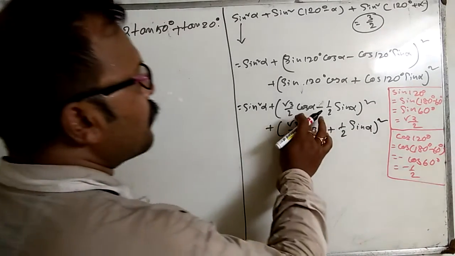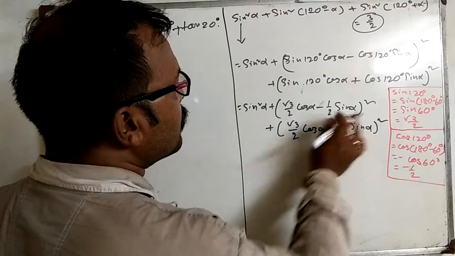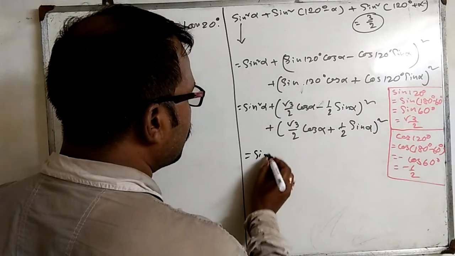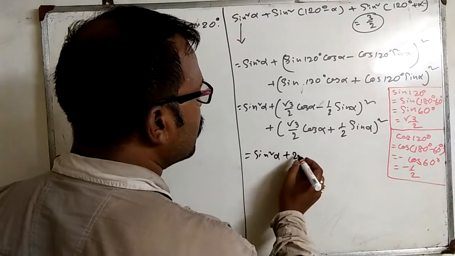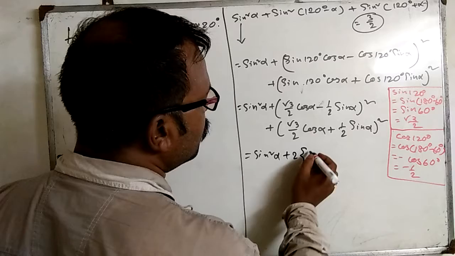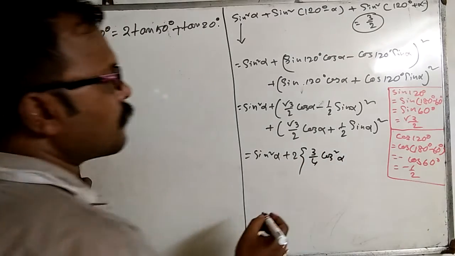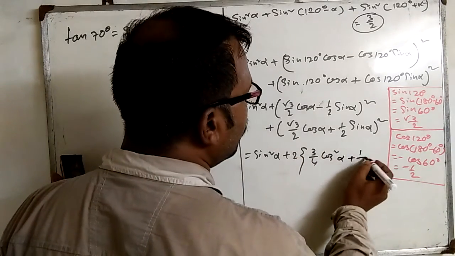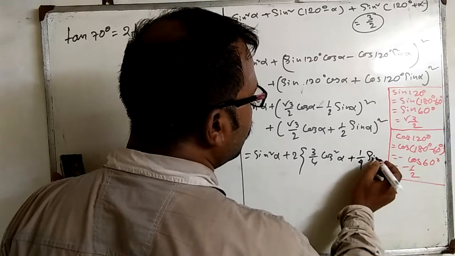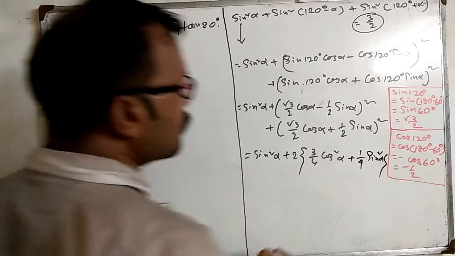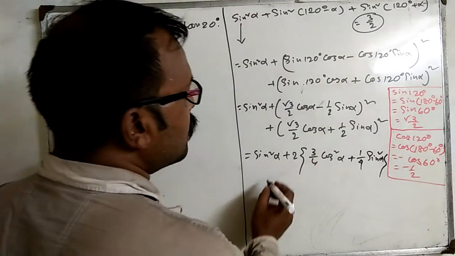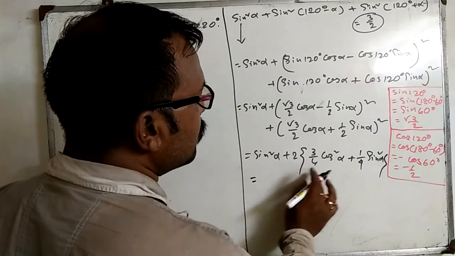So we just see a plus b whole square plus a minus b whole square, so 2 into a square plus b square. So 3 by 4 plus b square, so 1 by 4 sine square alpha.